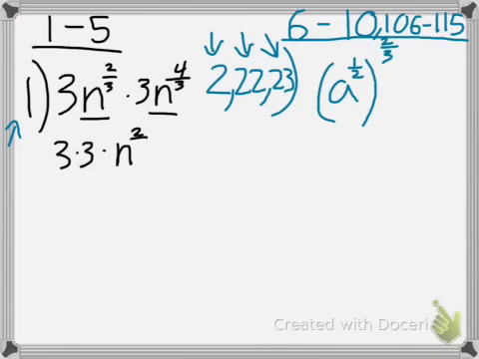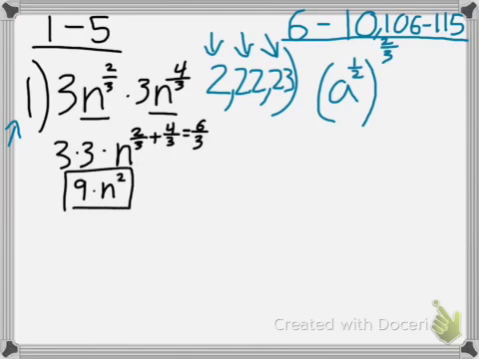So 2/3 plus 4/3. It's going to give us 9 times n. To remind you of how you add exponents, 2/3 plus 4/3, you add the tops, that gives you 6, and you do not add the bottoms, 6/3. So 6/3 is just 2 reduced, so it's 9n squared, and that's the answer.